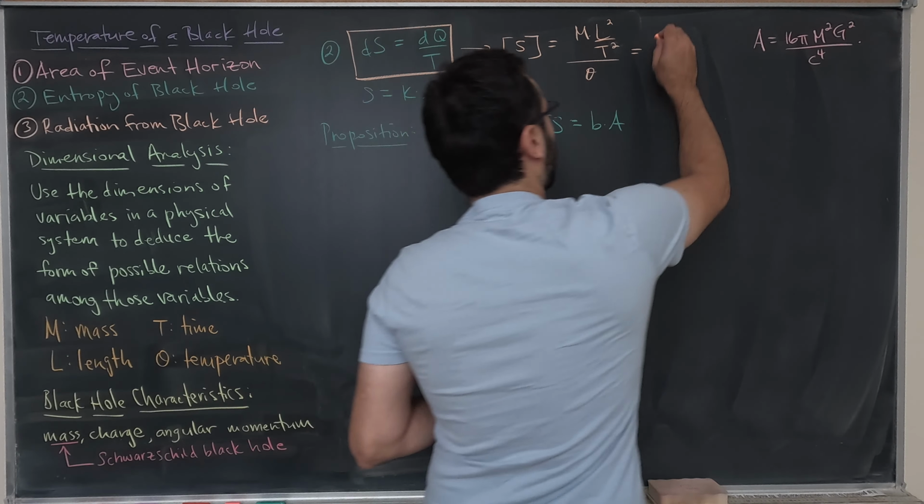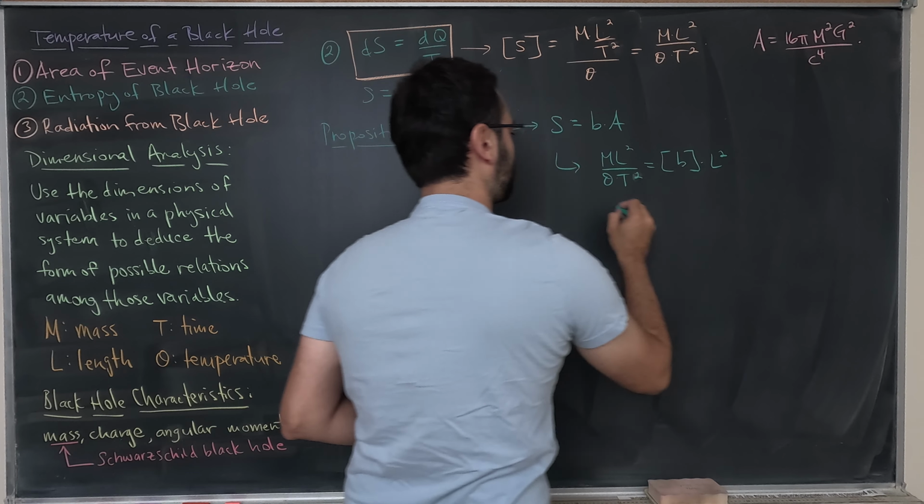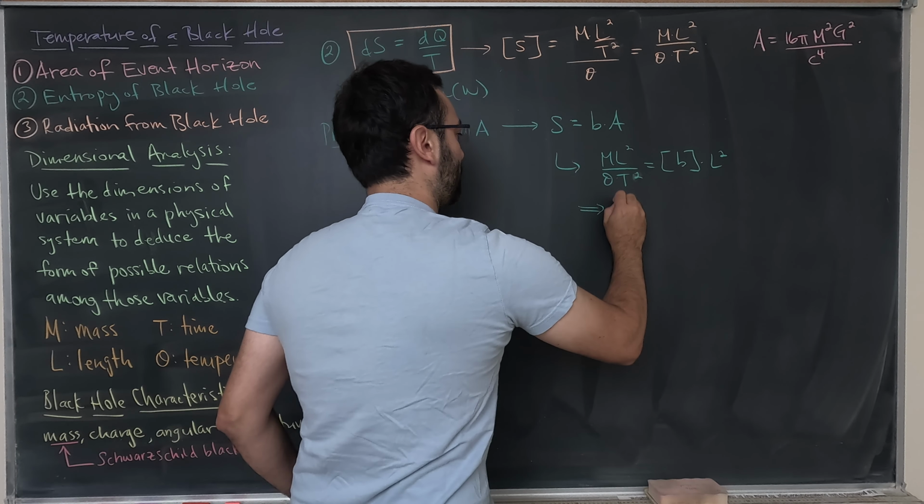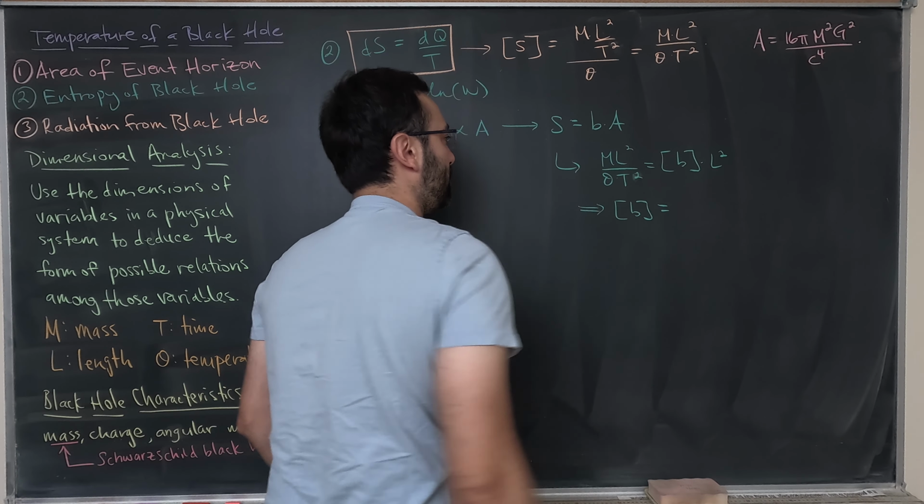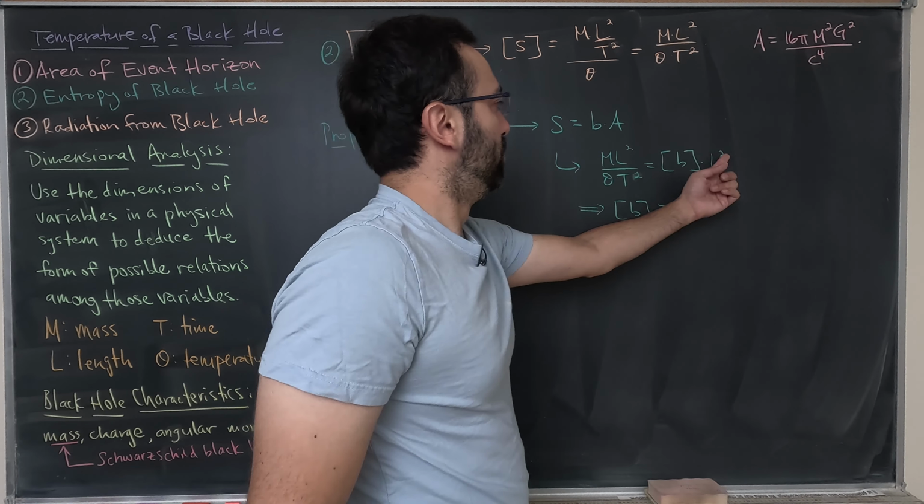And again, area just has dimensions of length squared. So dividing L squared here on the left just leaves us with dimensions of B as m over theta T squared. But through what more fundamental quantities might B be comprised of?